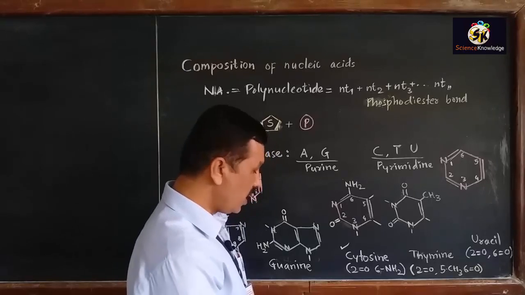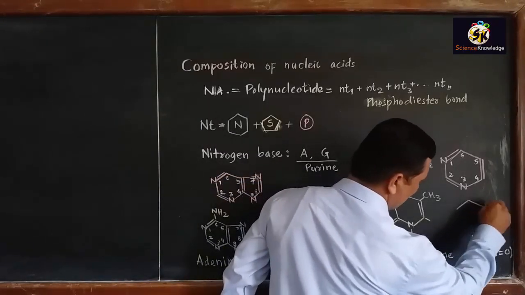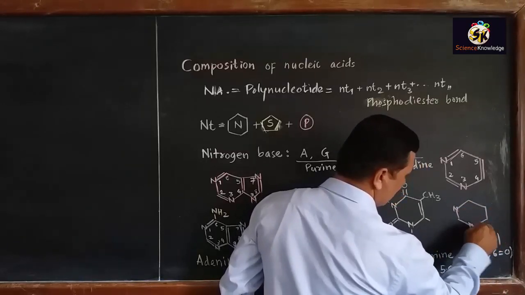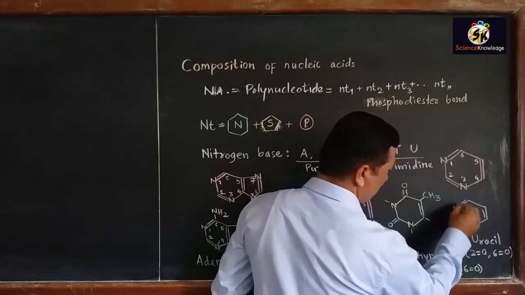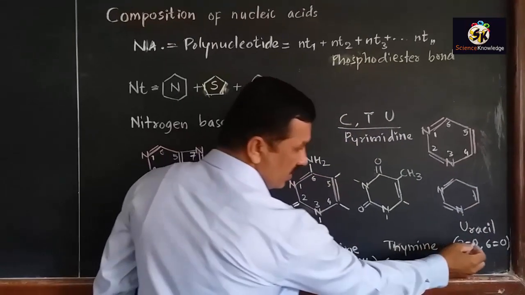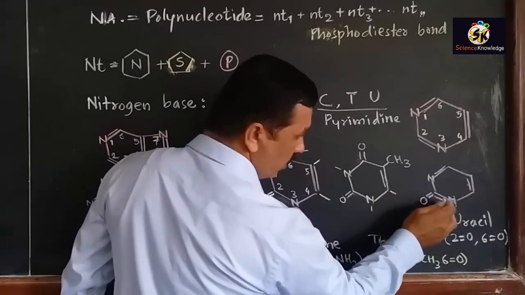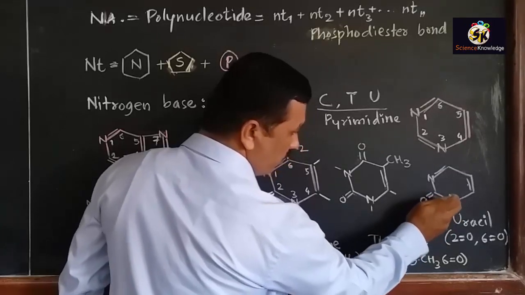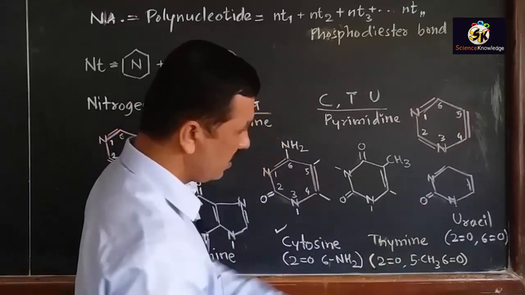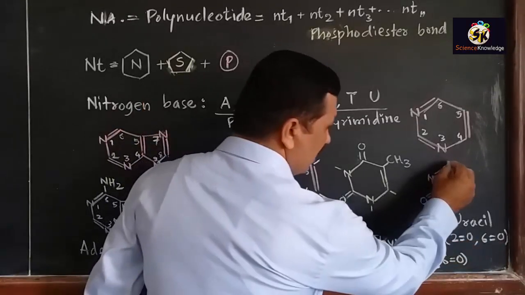So again I will change the color of the chalk. Uracil: a 6-membered ring having nitrogen, double bond, double bond, double bond. Then we have to add double bond O at position number 2. So here we have to remove the double bond from the ring. Then we have to add double bond O at position number 6.